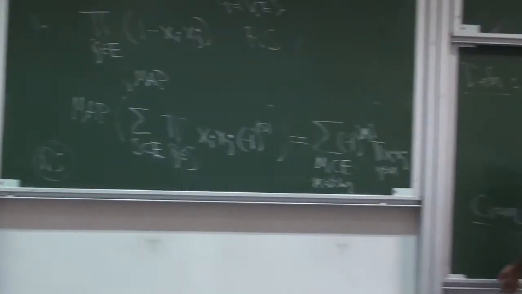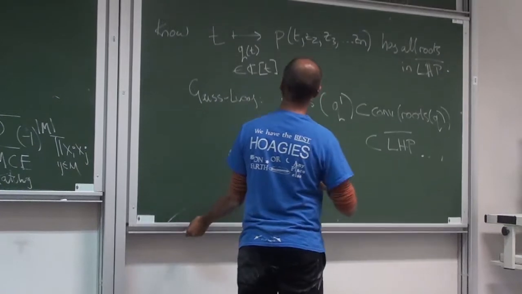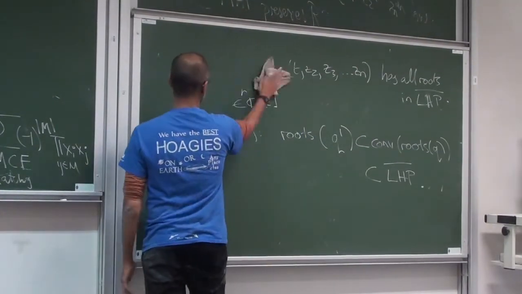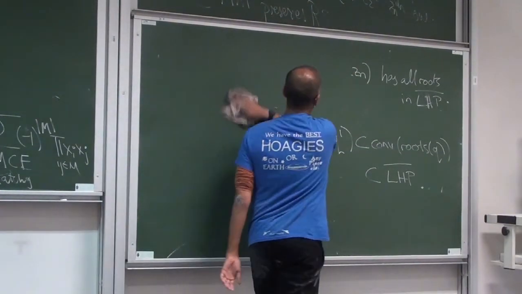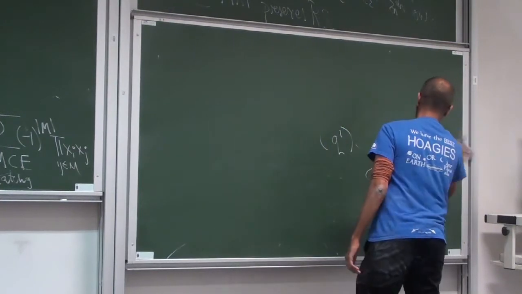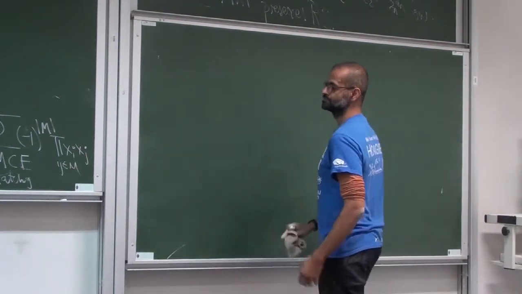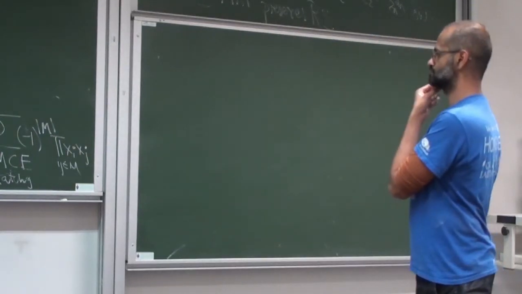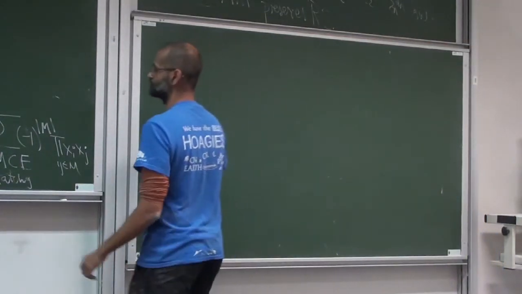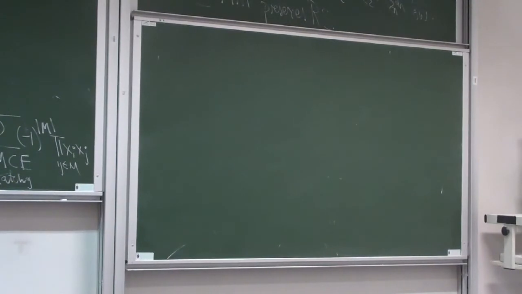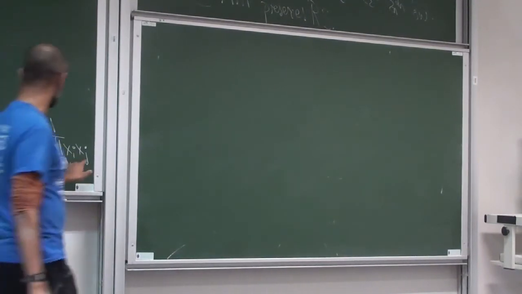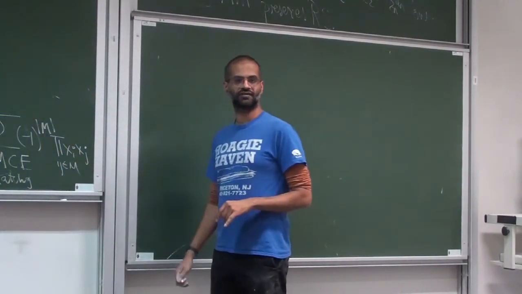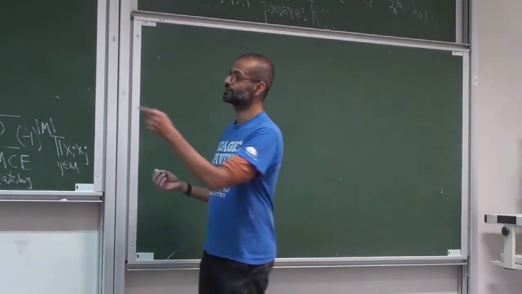Now I'm going to apply some more of my operations. So step 2 was to apply map. Step 3: this is an n variable polynomial, so let's just make all the variables the same. That was my first closure property.